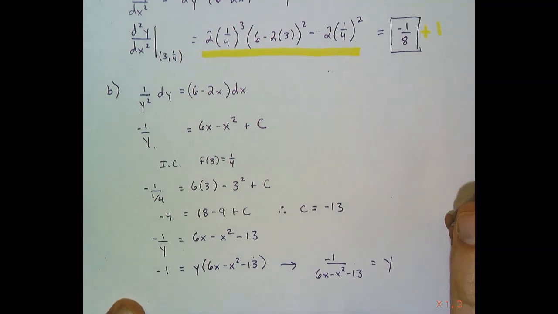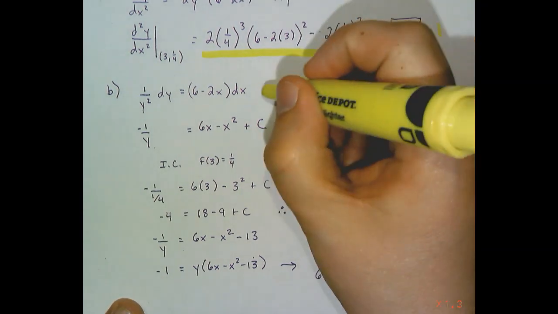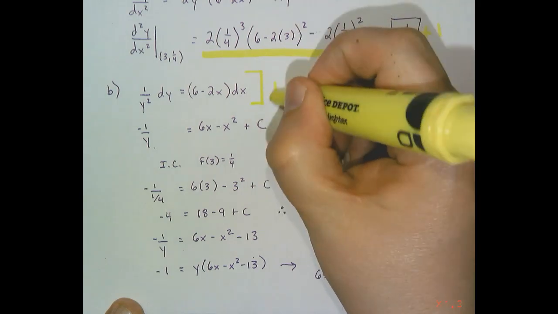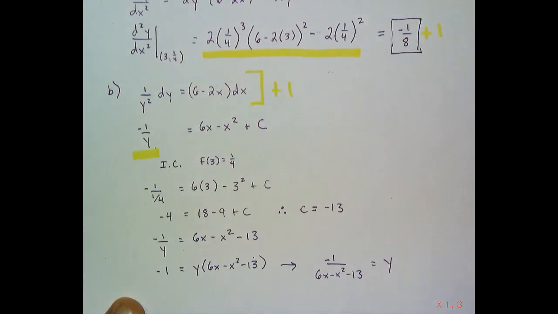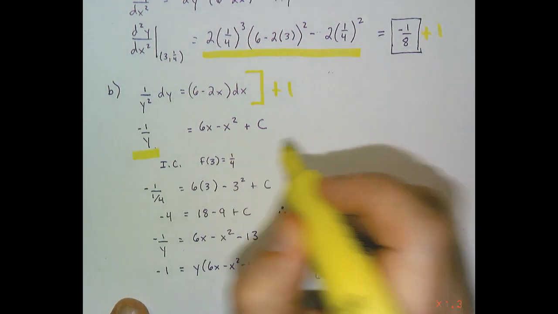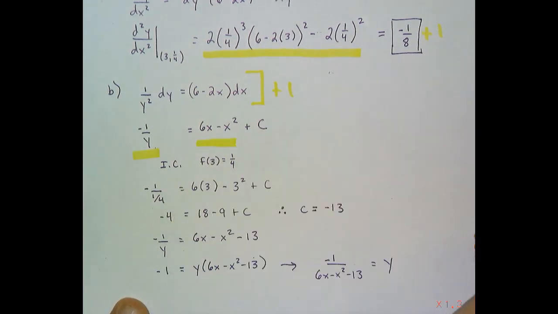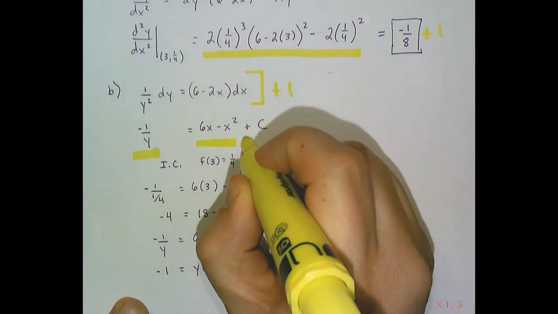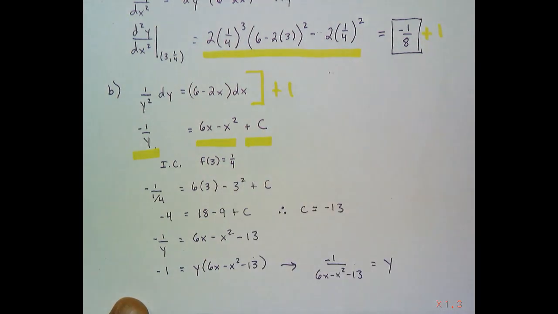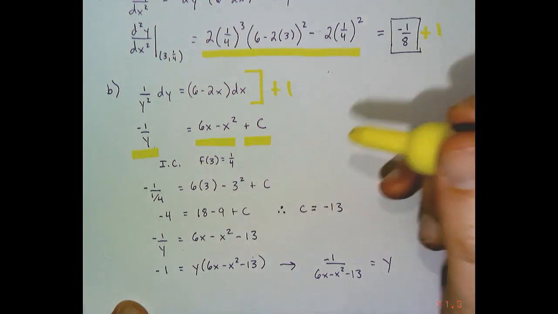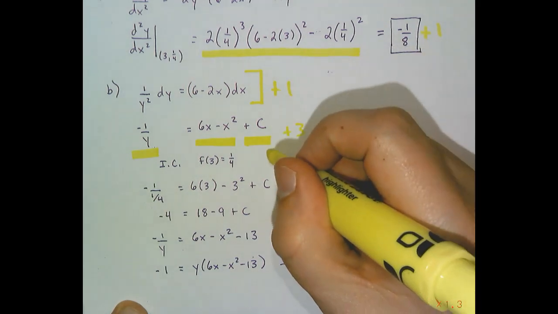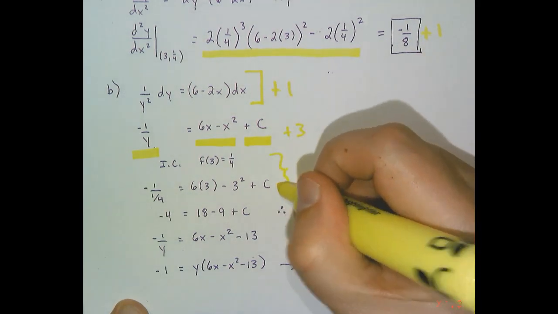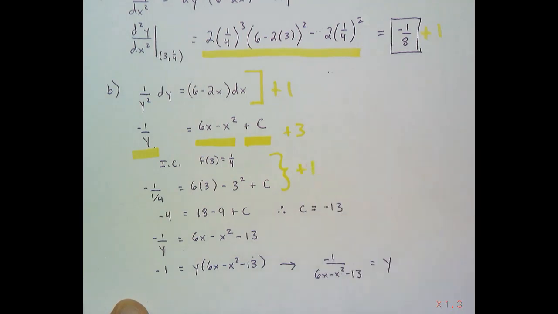All right, in the point breakdown for this, we're going to get 1 point if we correctly separate the variables, 1 point for the antiderivative of the left, 1 point for the antiderivative of the right, and 1 point for the constant of integration. After we get these 3 points, then if you include the initial condition to solve for c, you get 1 point for considering that initial condition.